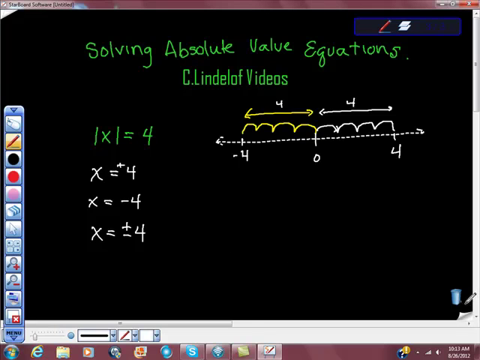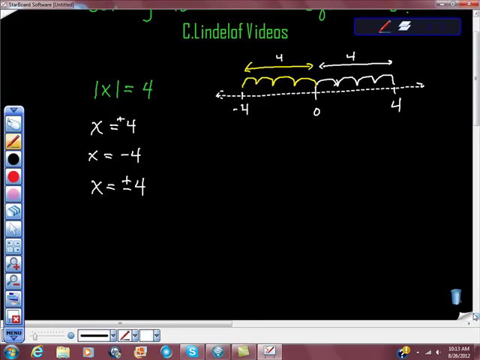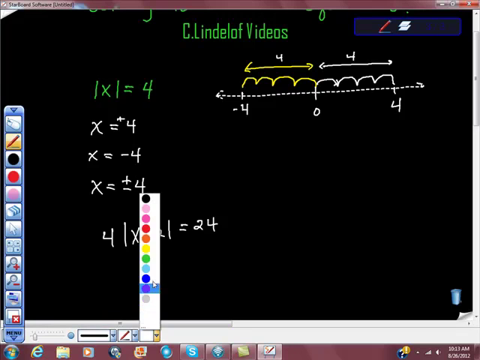All right, let's do one that takes a little bit more algebra, but let's see how that one works out. And let's take this: 4 times the absolute value of x plus 2 is equal to 24. The way I look at this is what is called algebraic substitution. I look at this piece right here as if this whole thing was the variable.